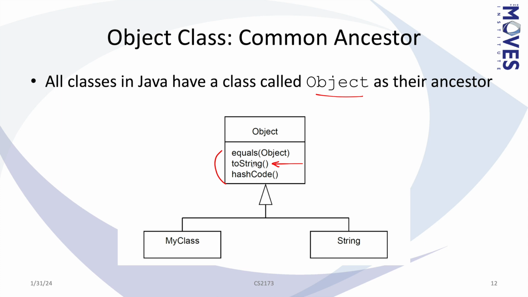Because toString exists in object, and every class in your Java program is a subclass of object, every class has a toString method. So when I go to print it, it will always be able to print something. Now the something is this gobbledygook that you've probably seen. It's actually the name of the class, an @ sign, and some gobbledygook.